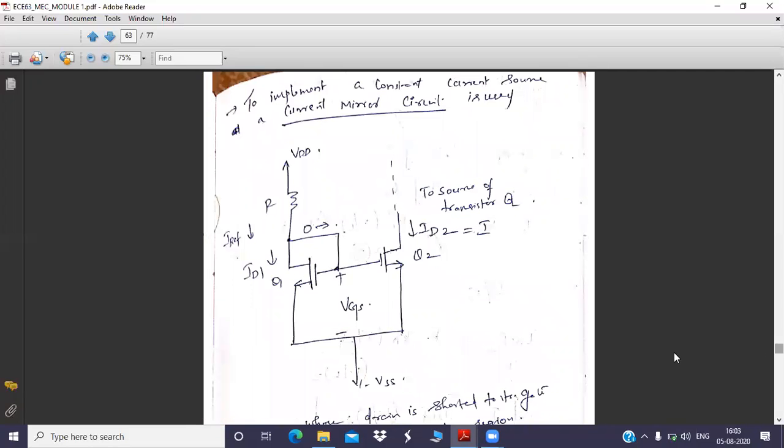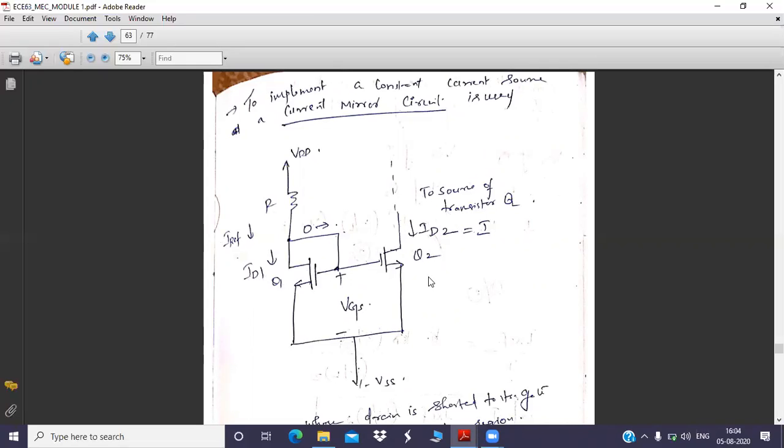So VDD minus VGS divided by R, that is IREF, and this IREF is going to be equal to I. This IREF is nothing but ID1, because IREF is passing through Q1 only. So IREF is equal to ID1. ID1 is the drain current of Q1. ID2 is the drain current of Q2.